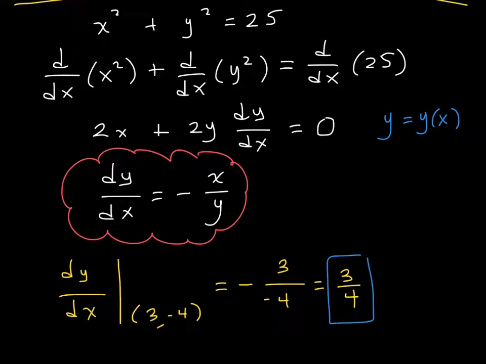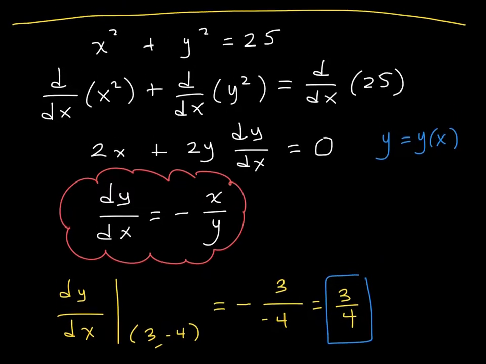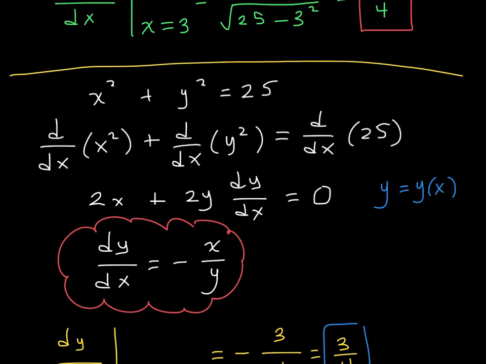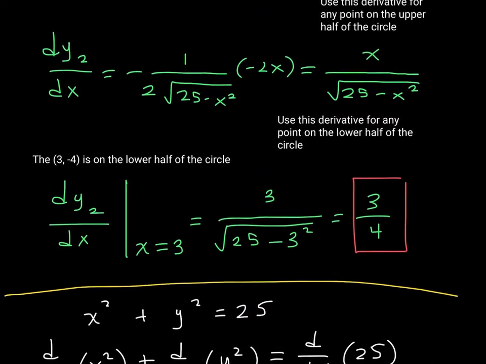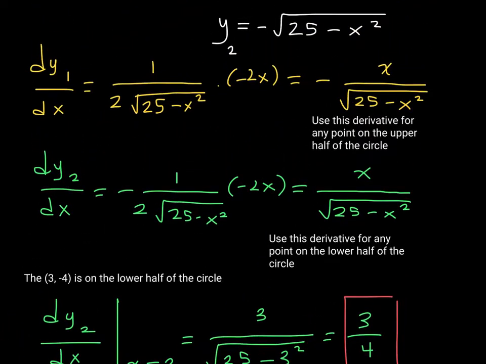Isn't that great? A couple of things I want you to notice: this derivative is pretty simple. That's good news. Not only is it simple, but it's written in terms of both x and y. When we go back up to what we did earlier, those derivatives were more complicated, and they were only in terms of x.